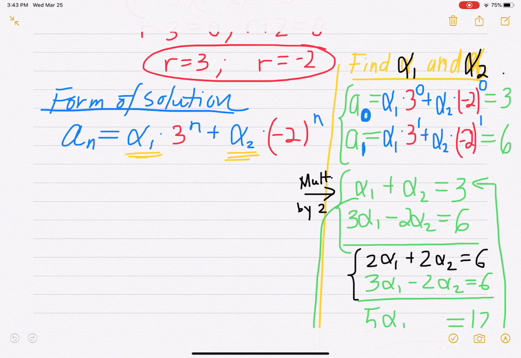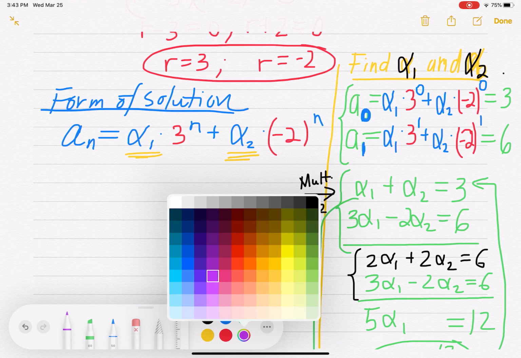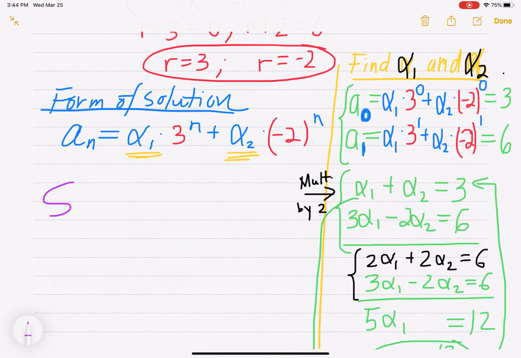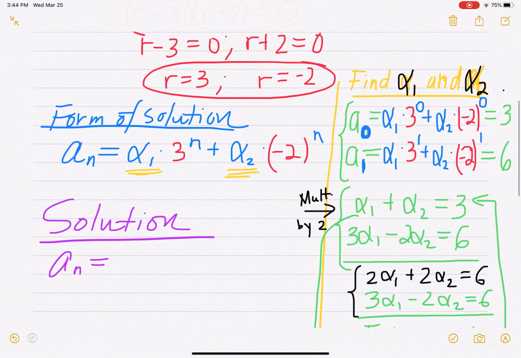I'll just write the solution here. The actual solution would be A sub n equals, which one was 3/5? Was it alpha 1 or alpha 2? Alpha 1 was 12/5.